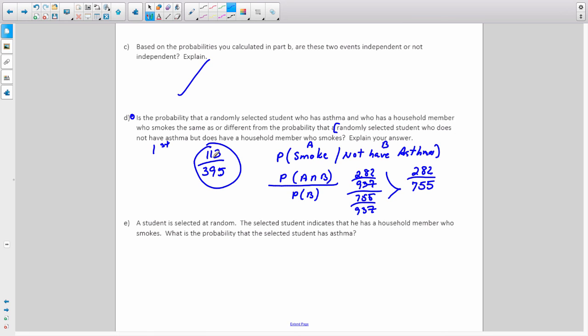Okay, and if a student is selected at random, what's the probability that the selected student has asthma if they've already indicated that they have a household member who smokes? So that's the probability of asthma given smoking household.